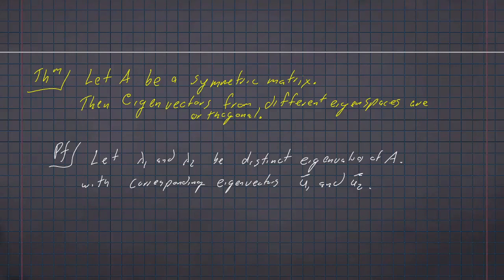And let's let U2 be one of the eigenvectors from the eigenspace of lambda 2. And the theorem says that these vectors will be orthogonal. Orthogonal vectors have a dot product of 0, so we want to show that U1 dot with U2 is equal to 0.